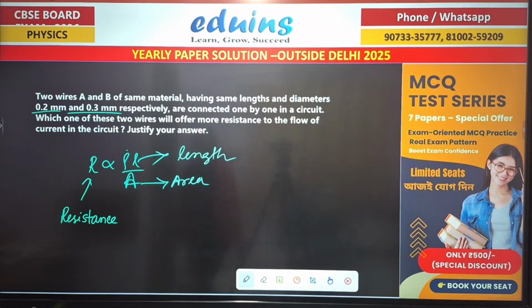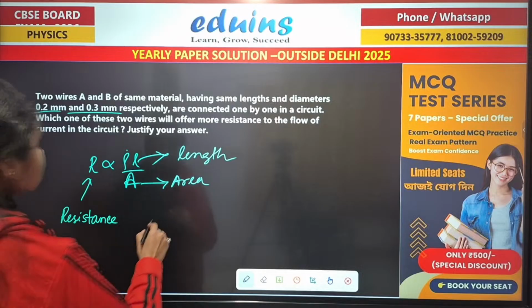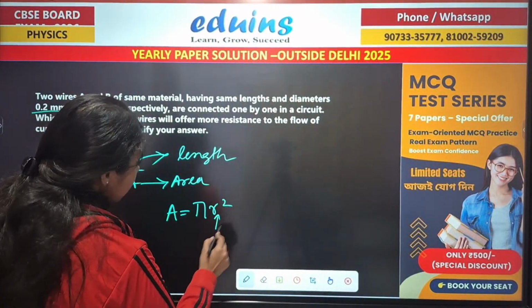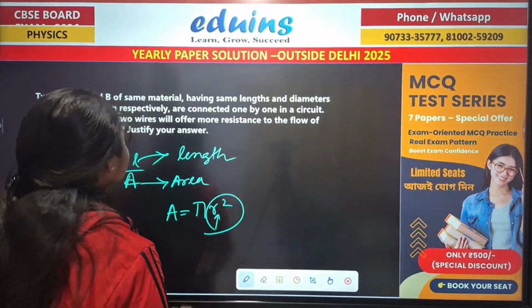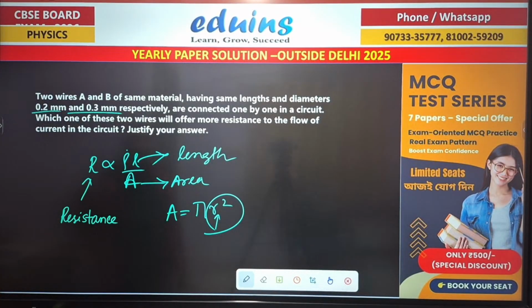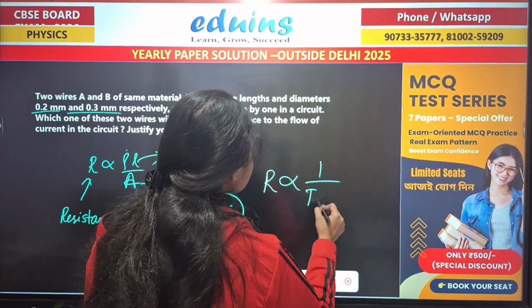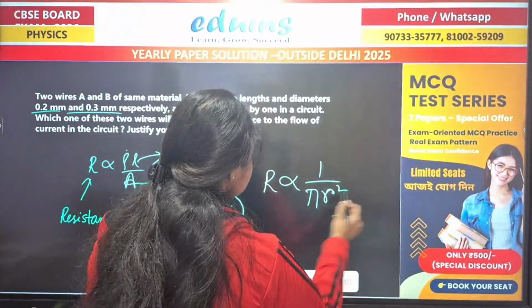So now, we know about area. The formula is pi r square, where r is the radius. Now 0.2 millimeter and 0.3 millimeter are diameters, so r is proportional to the diameter.